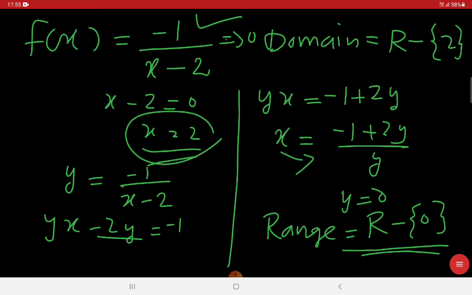So for the y value to be 0, the numerator should be 0. But here the numerator is a constant, so it will never be 0. So y cannot be 0. In that way also we can find the range for this type of question, that is, when the numerator is a constant. Let us discuss another example.